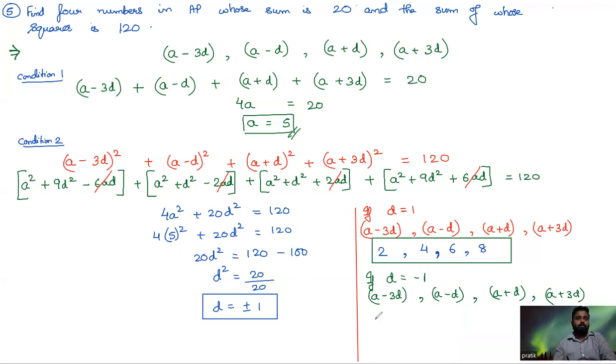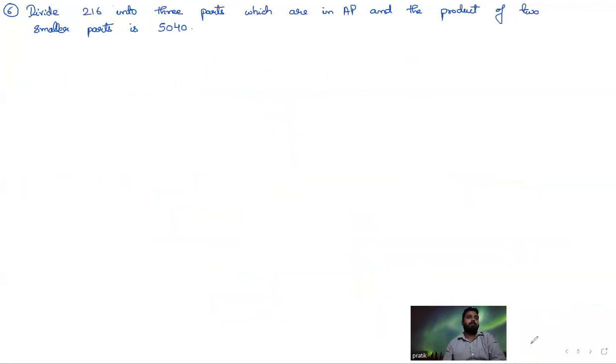So this turns out to be 8, comma, 6, because 5 plus 1, 6. 5 minus 1, 4. Next is 2. That's my AP, depending on whether it is an increasing or a decreasing AP. This is with respect to 4 terms. Now let's see what's the next question.